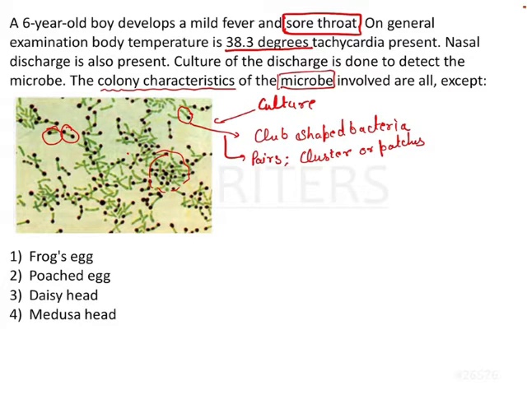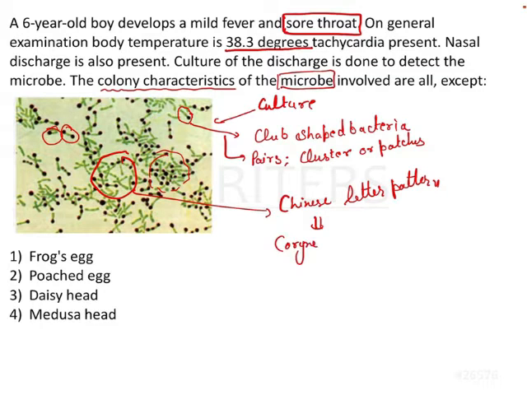Another very important thing is that they give a characteristic pattern known as the Chinese letter pattern. So from all this information, we come to the conclusion that this is Corynebacterium diphtheriae.